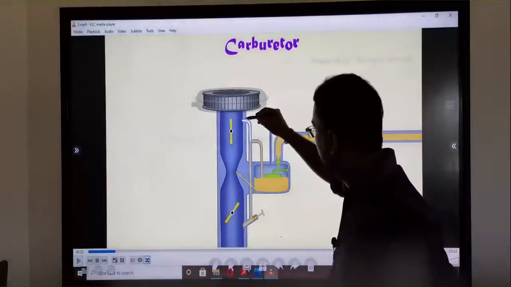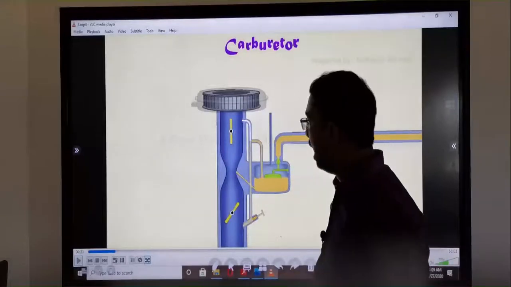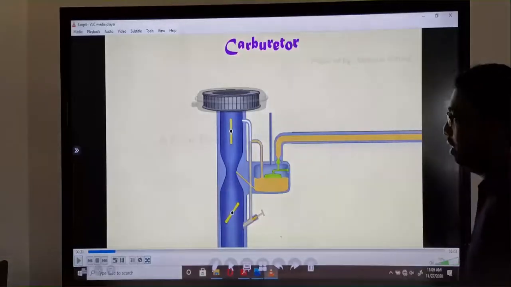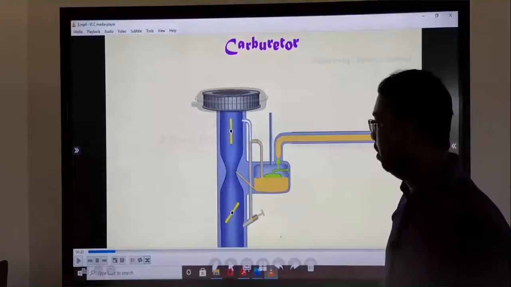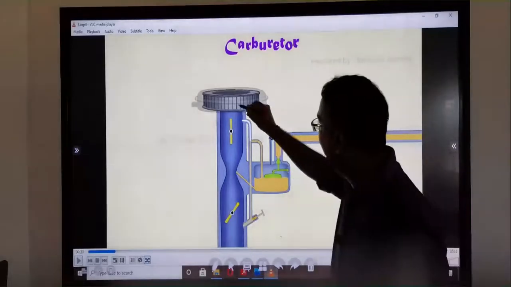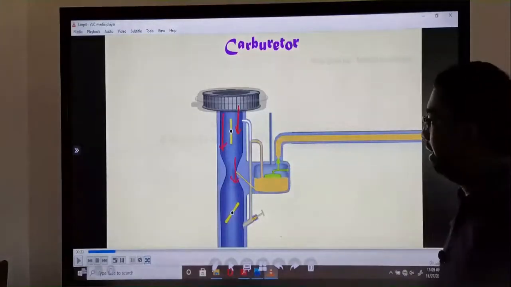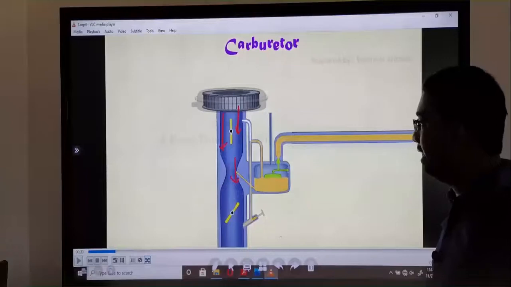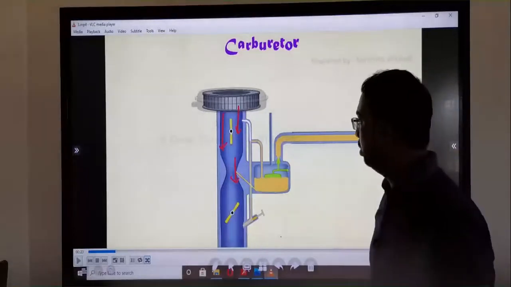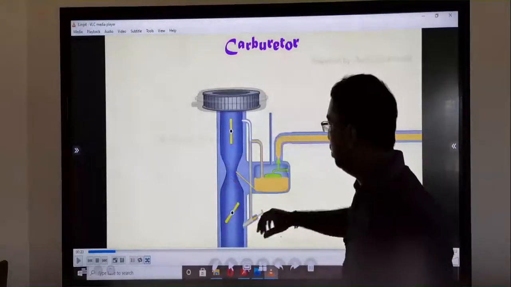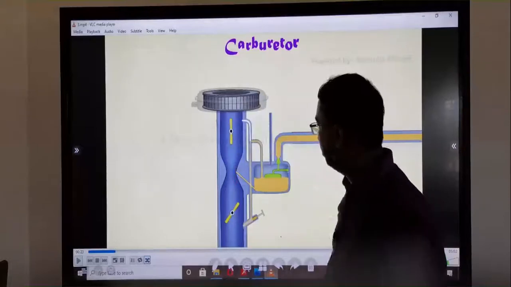This type of tube is normally called the idle tube, because there are two conditions. First, if the vehicle starts to move, the air works through this space. When the vehicle is only starting, that means the idling condition, we don't need much air or fuel. So this type of carburetor uses this idle tube.